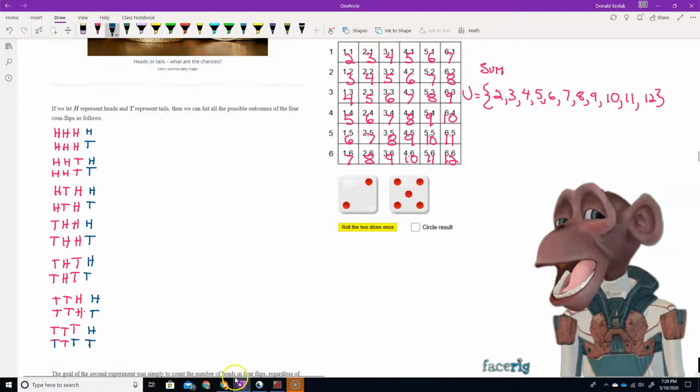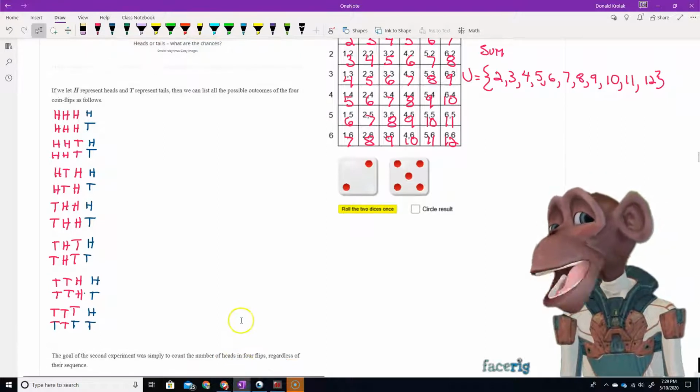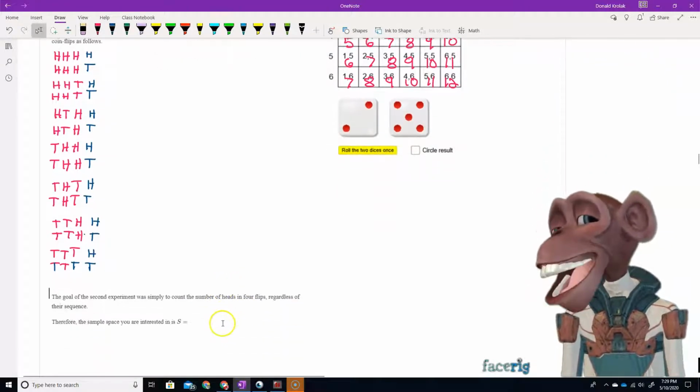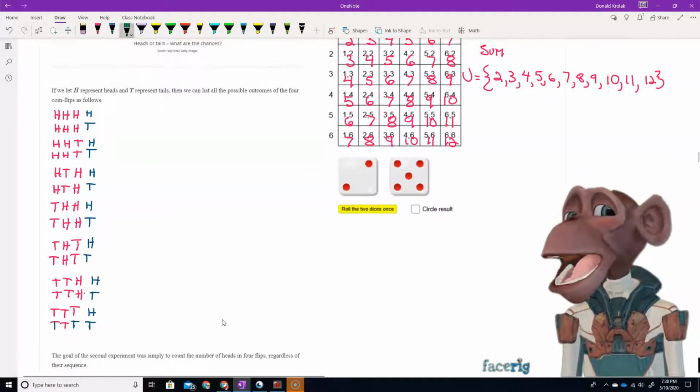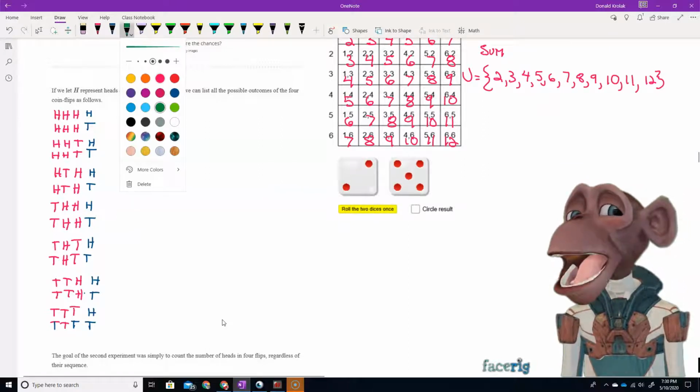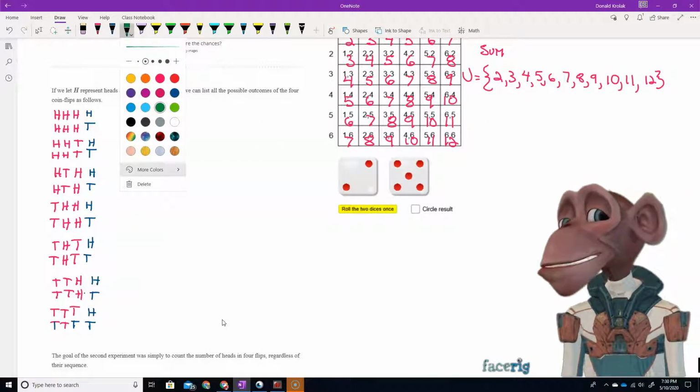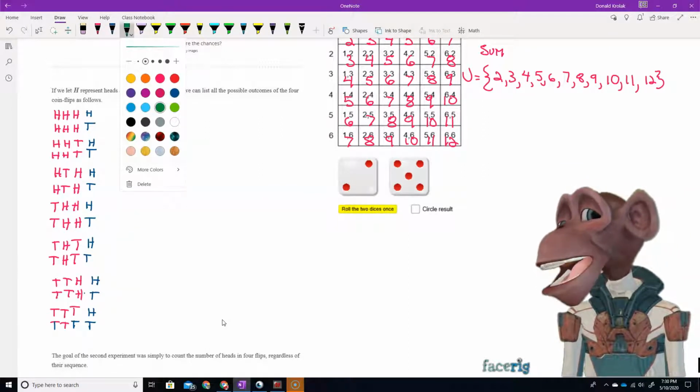Now the second experiment said, what if you just looked at what's the sample space if you only counted the number of heads? If we went back to these and we just counted the number of heads, what possible values are we getting?